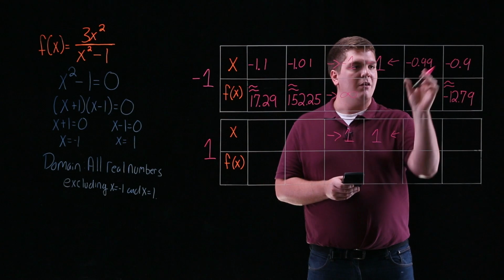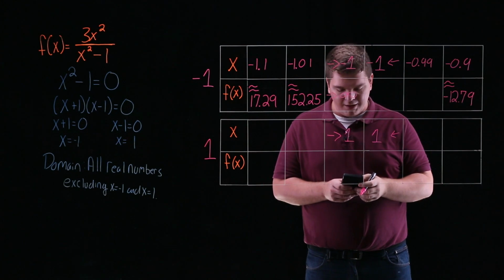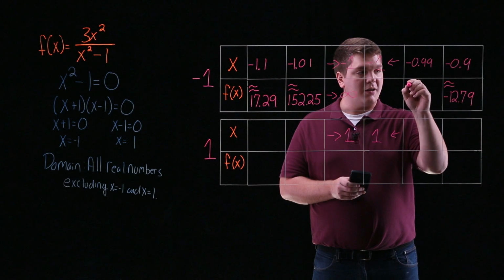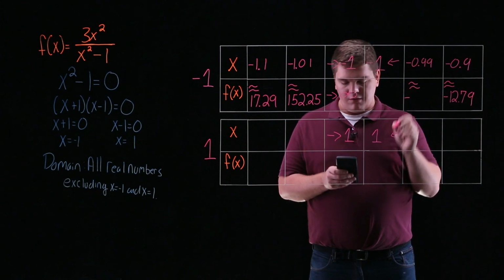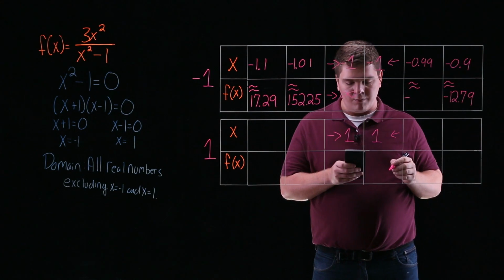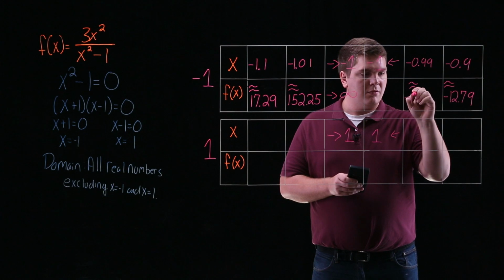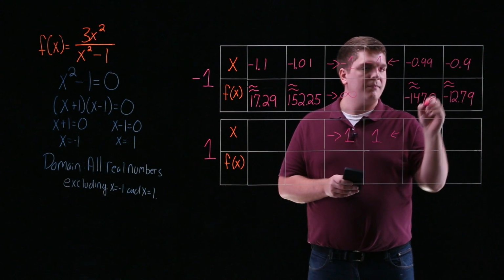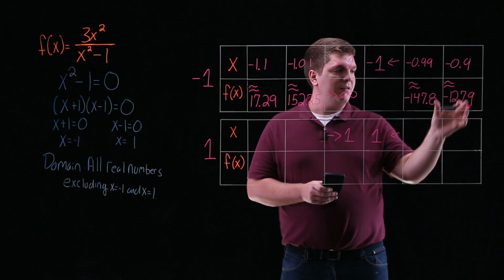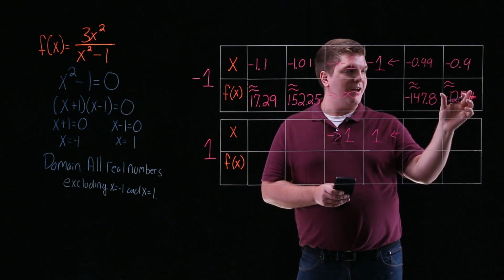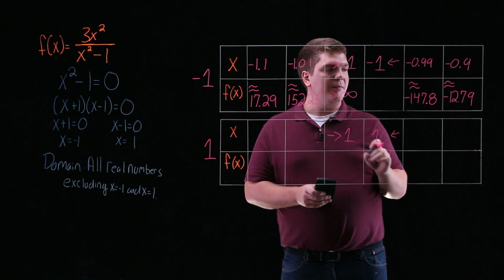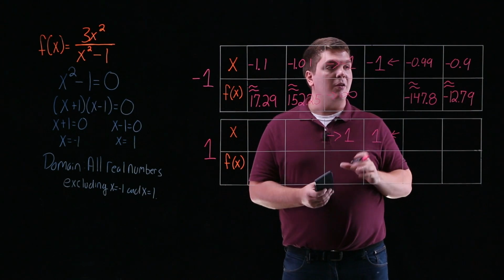And if we evaluate our function at negative 0.99, the function value is approximately negative 147.8. What we're seeing is that as x starts to approach negative 1 from the right, these values keep getting smaller and smaller.